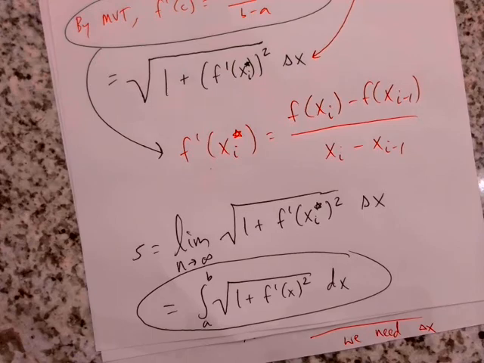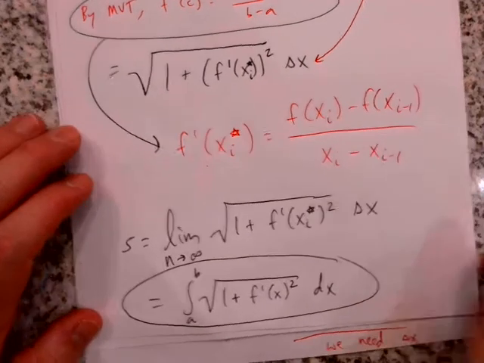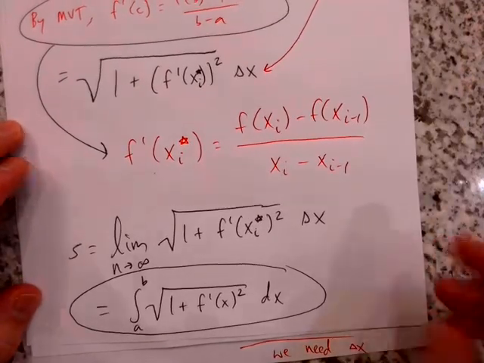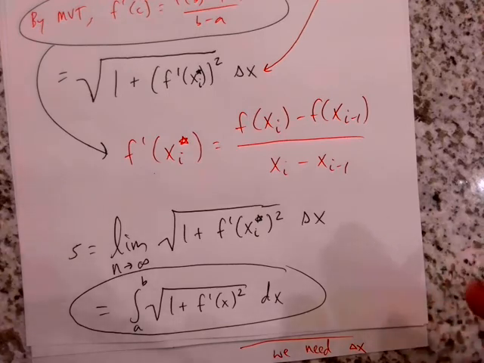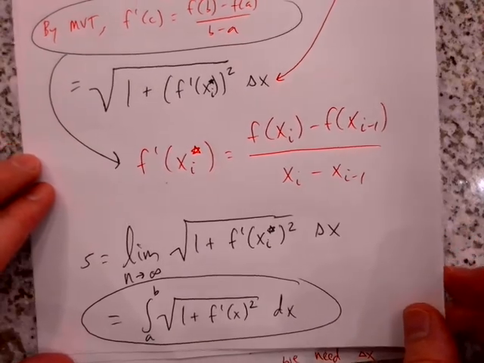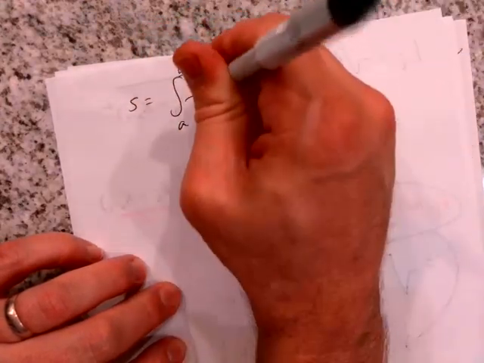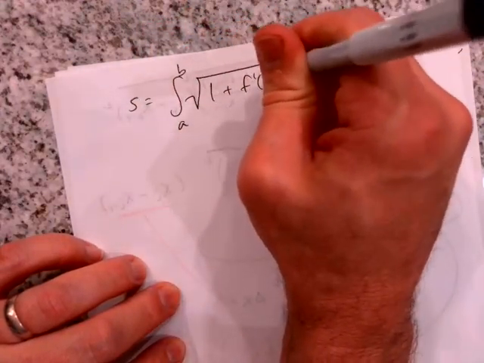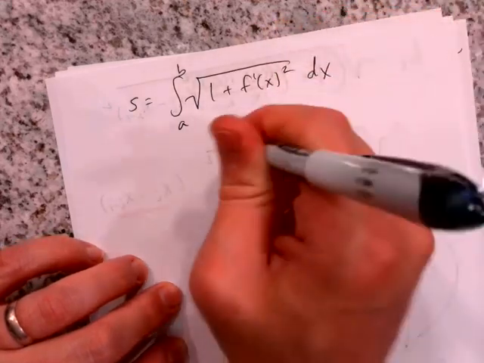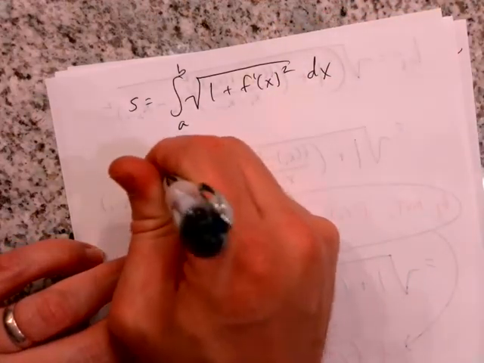You could also do it in terms of y. It just depends on what the function's given you. So to recap, arc length s could be in terms of x, integral from a to b of root 1 plus f prime squared, or it could be in terms of y.